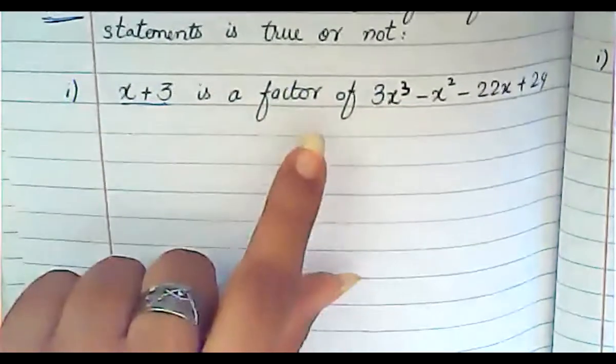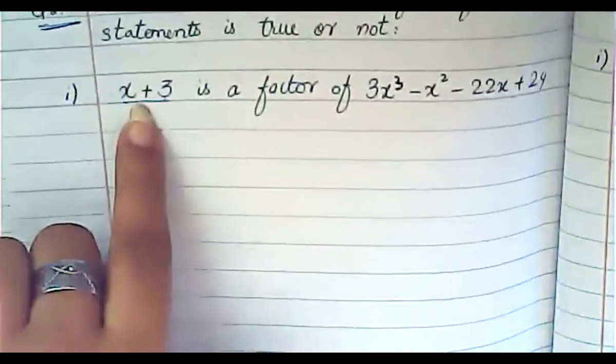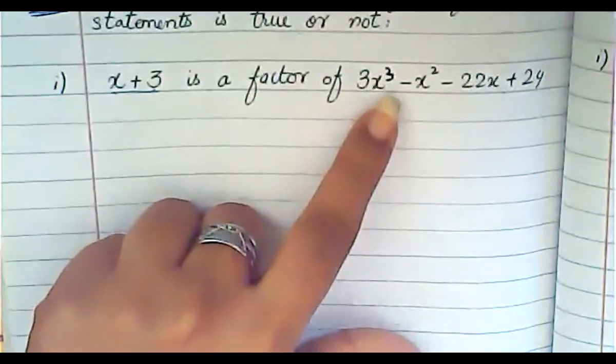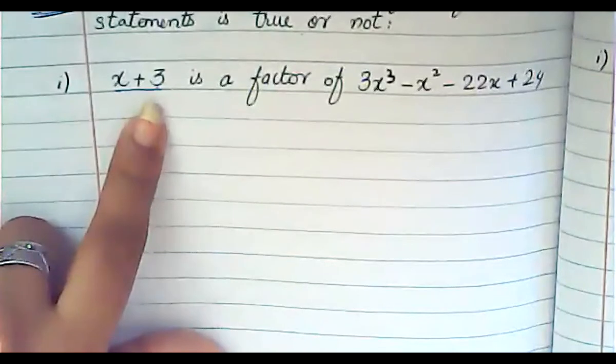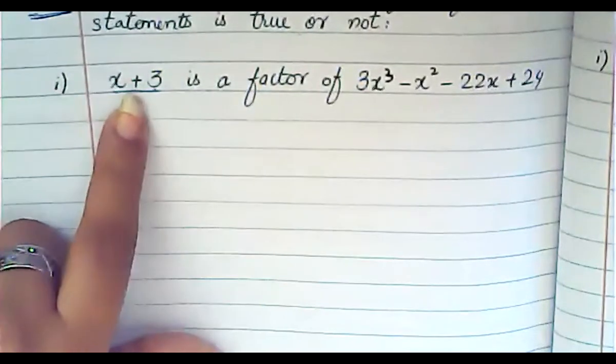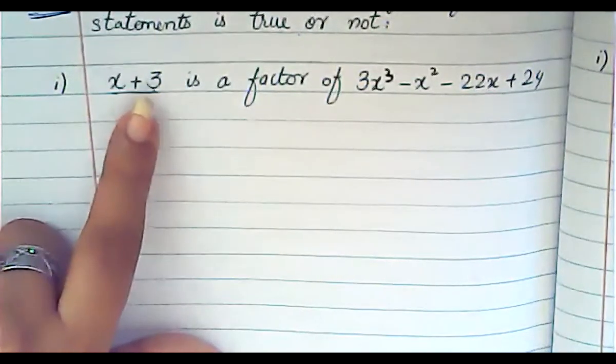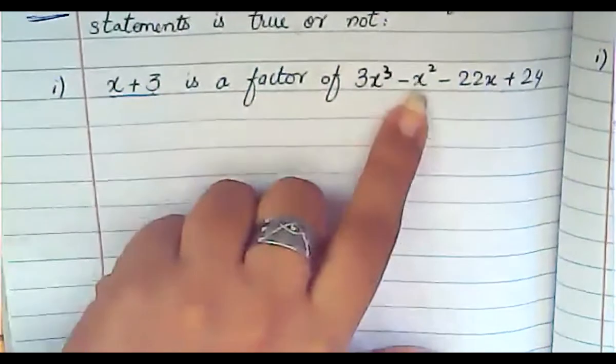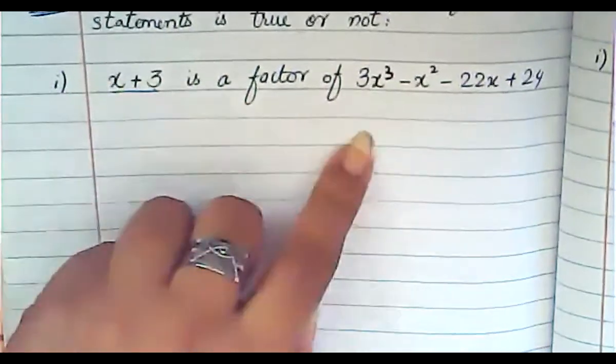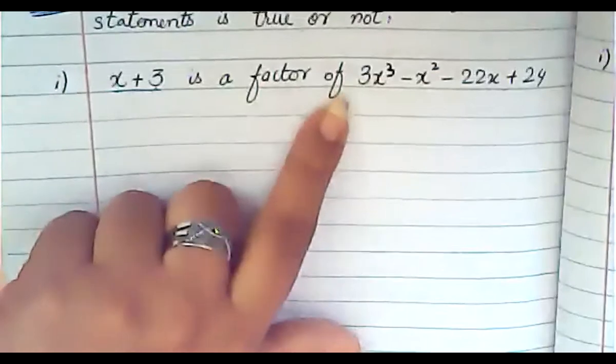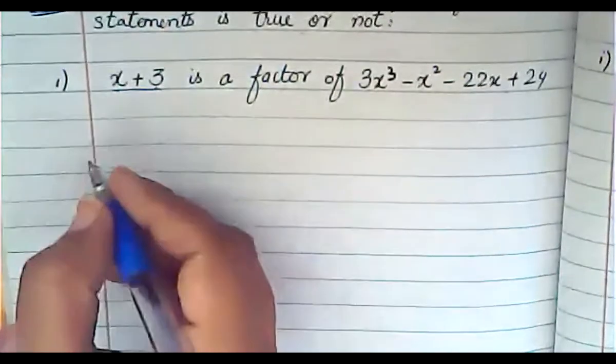But if you get no remainder, it means this is a factor of this expression. You have to tell whether the given statement is true or false. The statement is telling you that x plus 3 is a factor of this expression, meaning x plus 3 will completely divide this expression. Now let's check whether it is true or false.